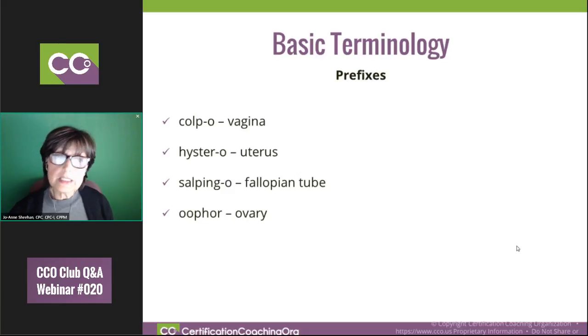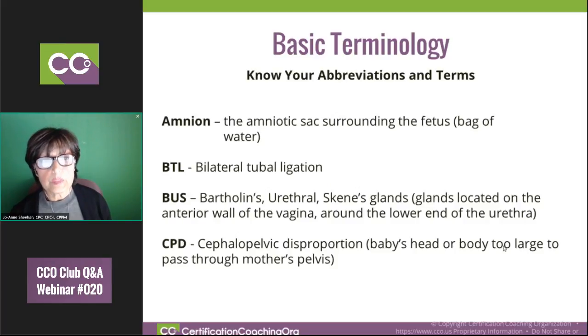So the prefixes that we will be looking at a little bit today and that come up a lot if you're billing for gynecology are colpo, which is vagina, hystero, which is the uterus, salpingo, which is the fallopian tube, and oophoro, which is the ovary. And I just threw a couple of abbreviations in here so that you could become familiar.